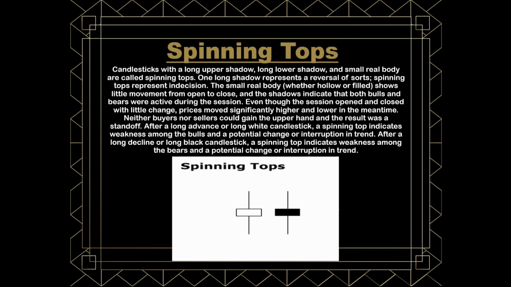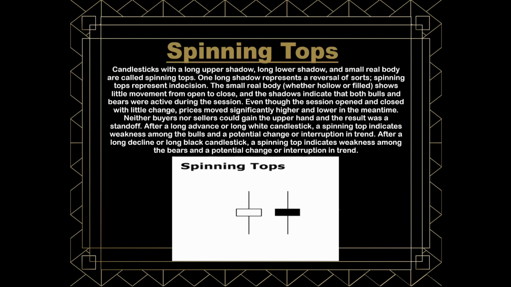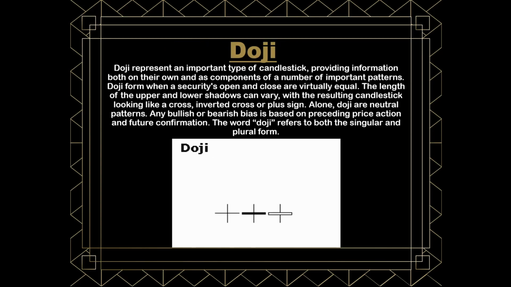And just like the spinning tops, we have dojis. Spinning tops have a little bit bigger of a body, but dojis, like I just stated, look like a plus sign or a cross. There was very little price movement, and prices opened and closed pretty much at the exact same area. And dojis can vary in size also.